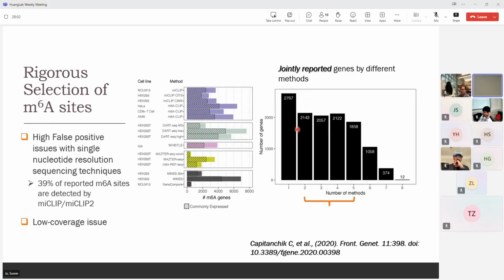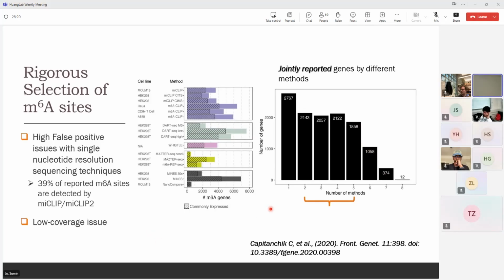The number is somewhat similar up to 4 or 5 methods detecting the same genes, and over this number, the jointly reported genes drop drastically.